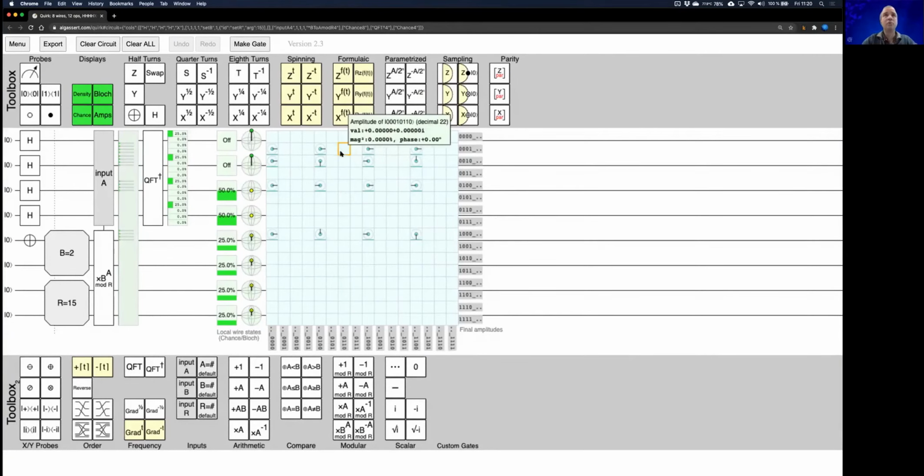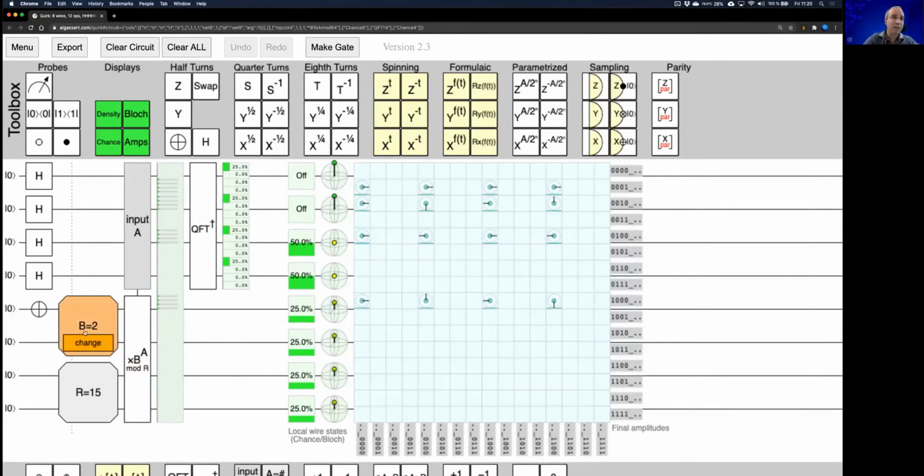Okay, so here the notation is a little bit different. What we called A here is called B. What we call M here is called R. Okay, but it's more or less the same. And this is the value X that we were talking about.